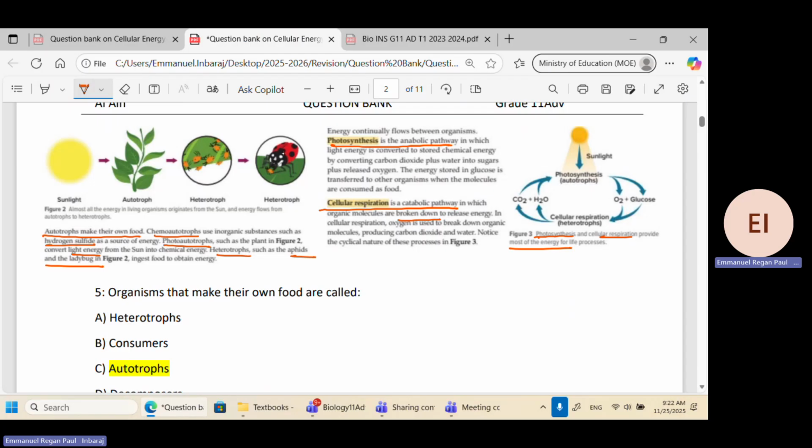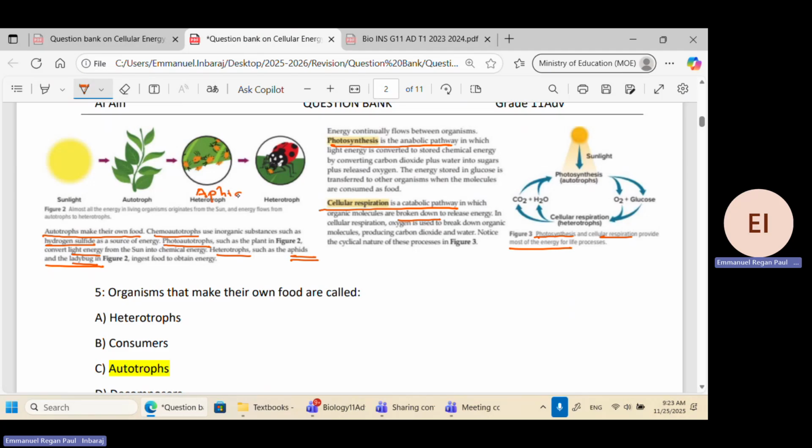This is called the ladybug, and these small orange organisms are called the aphids. Here it's written aphids and ladybugs.